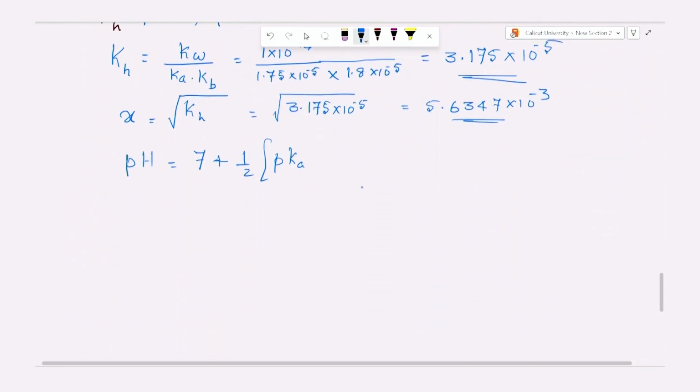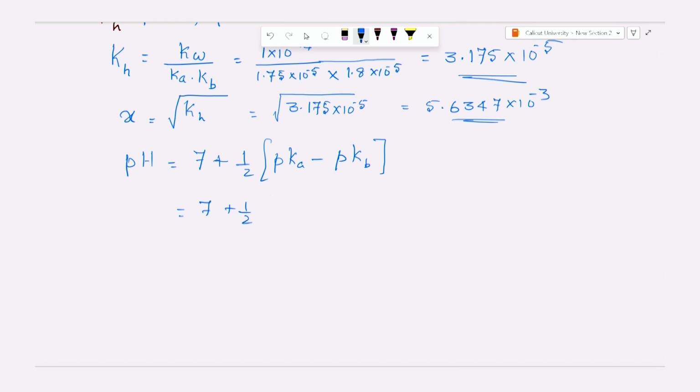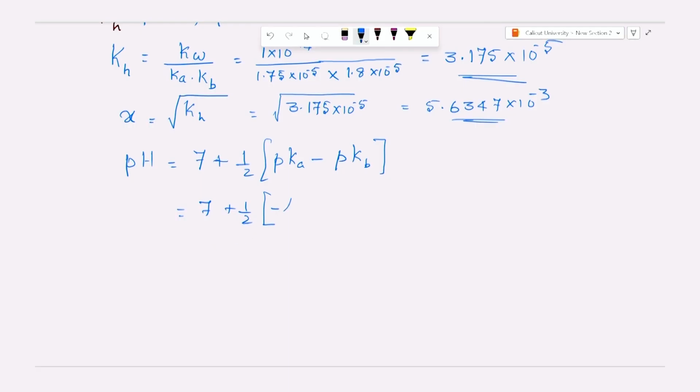Yes, that is the expression we have derived. Here there is one difference, they have not given the value of pKa. So, I have to put it as minus of log Ka, and again minus log Kb.